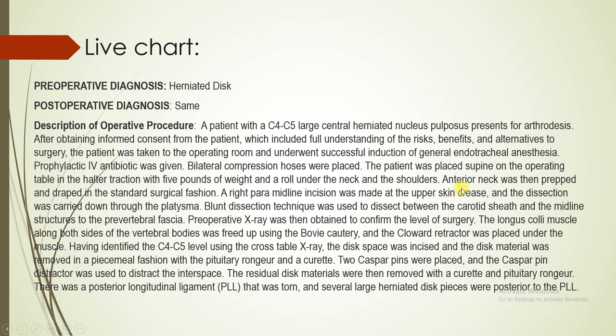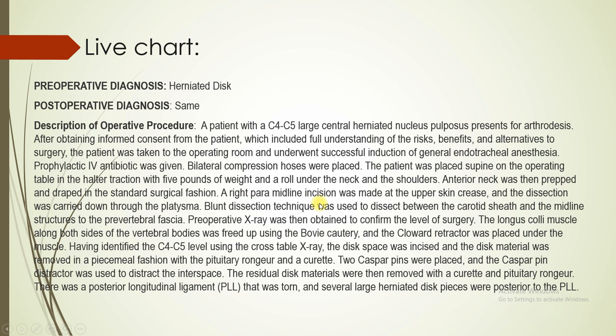So in an ambiguous situation, we need to code from the description of the operative procedure, not from the heading. Okay. So as soon as you see neck here, we need to understand that the procedure is on the neck area, or cervical spine. So the other name for neck is cervical spine. The anterior neck was then prepped and draped in the standard surgical fashion.